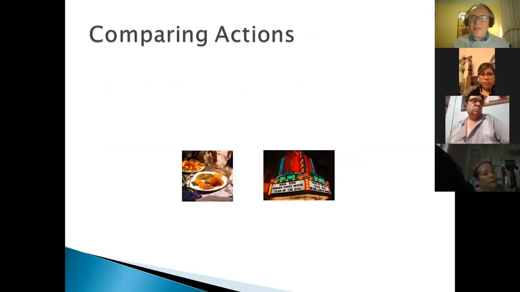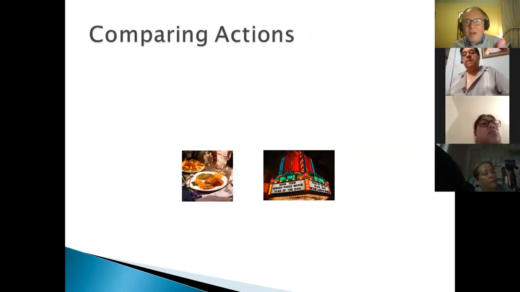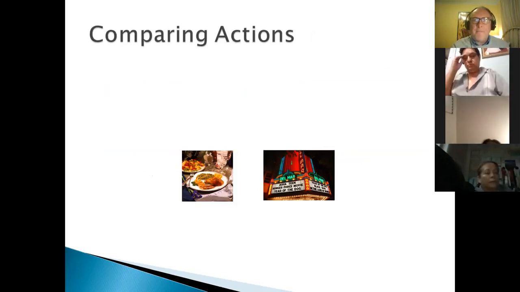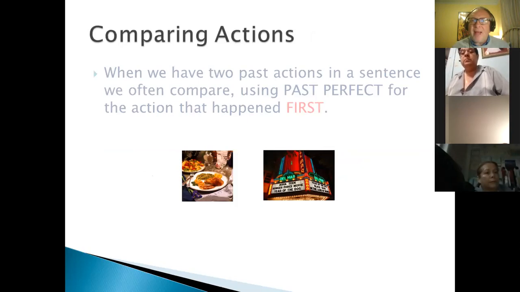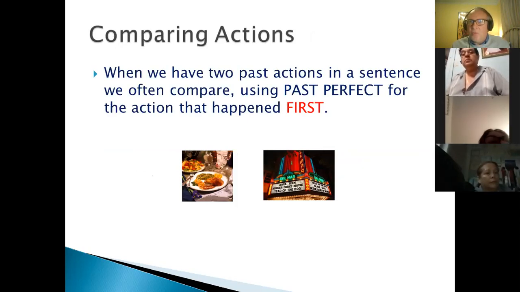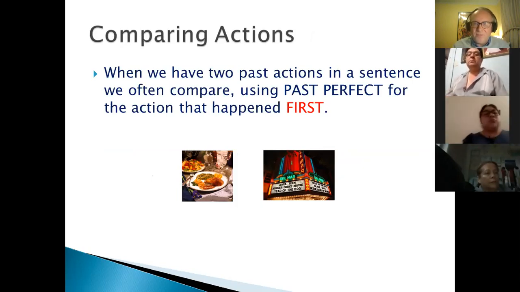Okay, let's compare. Here we have two pictures. Dinner, movie. When we have two past actions in a sentence, we often compare using past perfect for the action that happened first. Okay? Take a look. Here's an example.